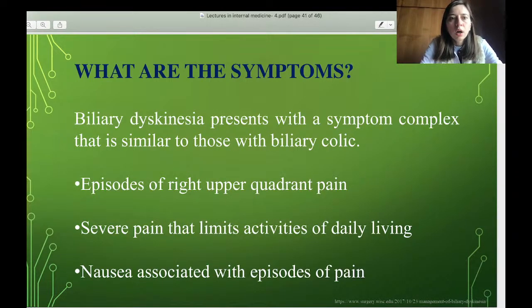And what are the symptoms of biliary dyskinesia? It presents with a symptom complex similar to biliary colic: episodes of right upper quadrant pain, severe pain that limits activities of daily living, and nausea associated with episodes of pain.